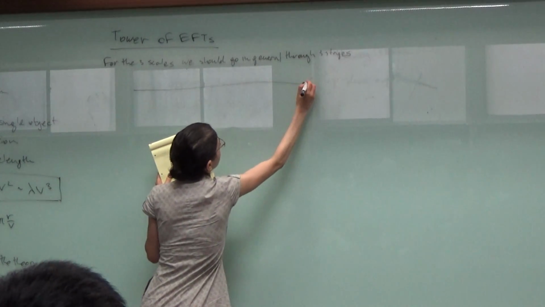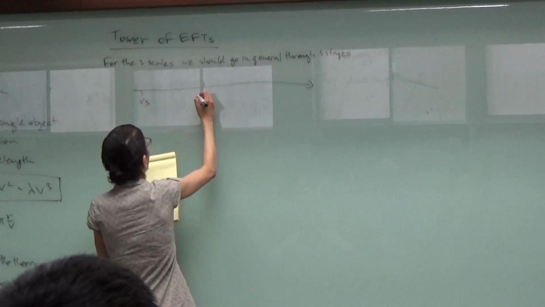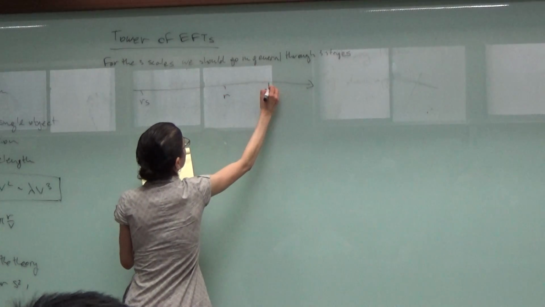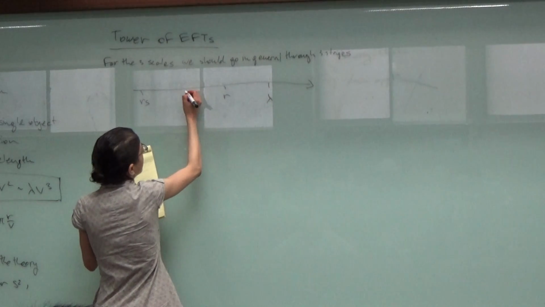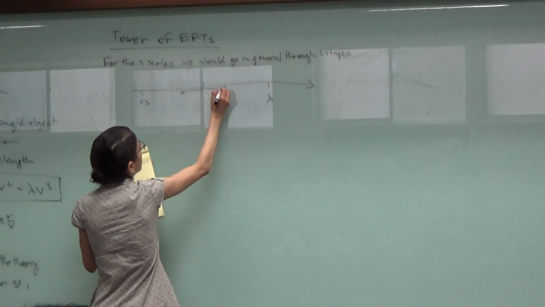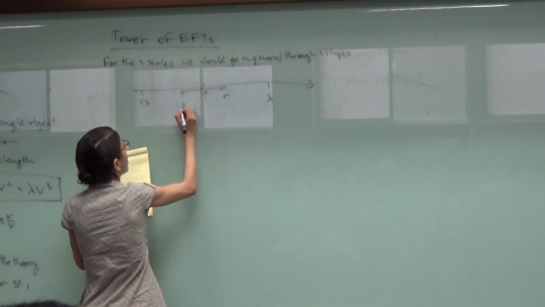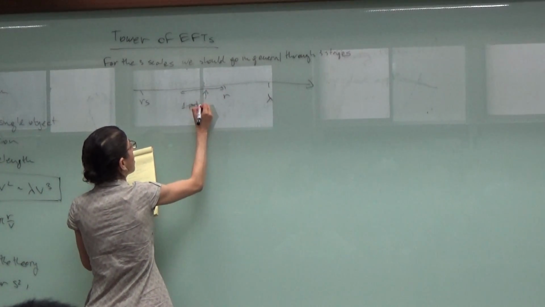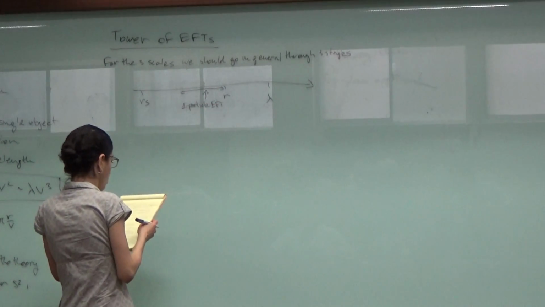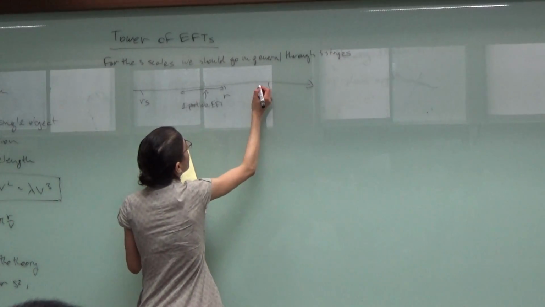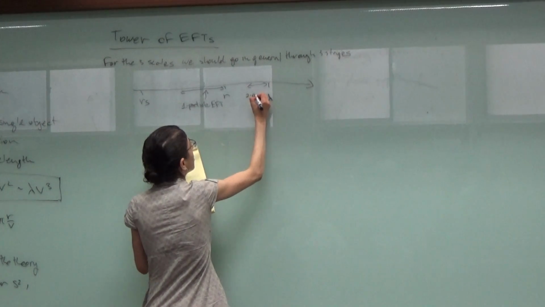We have this ladder of scales, s, r, lambda. Then, we want to first construct an EFT that will be valid in about this range of scales. So here we will construct the one particle EFT. At the next stage, we would like to construct an EFT that will apply in about this range of scales. This is the two particle EFT.